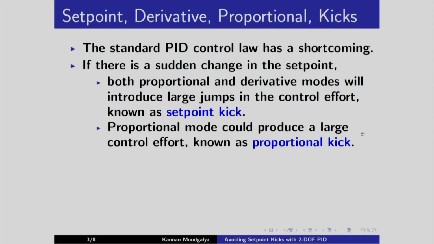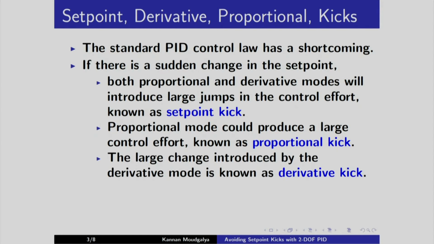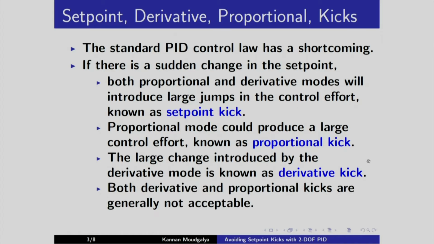The large change produced by proportional mode is known as proportional kick. The derivative mode could produce even larger change. It could be the derivative of a step change. This is known as the derivative kick. Both derivative and proportional kicks are generally not acceptable.